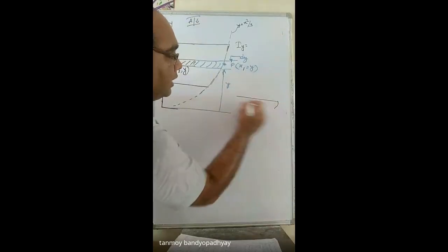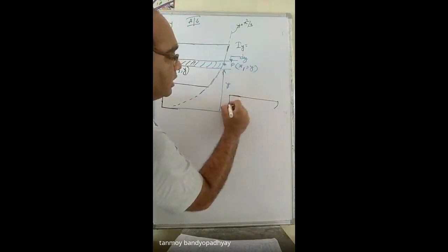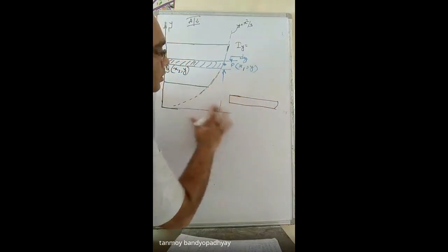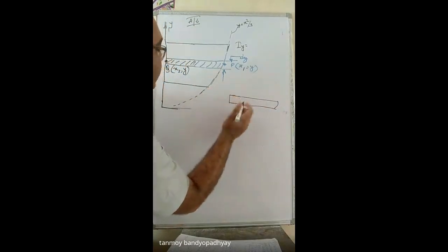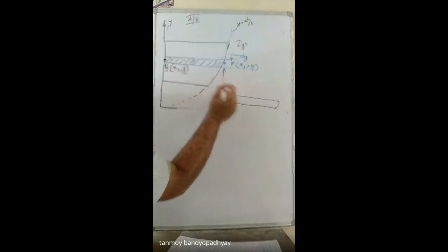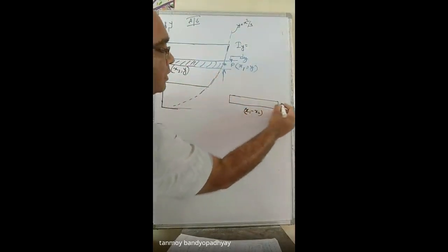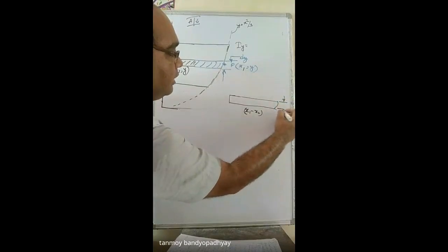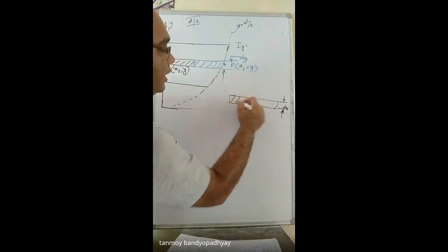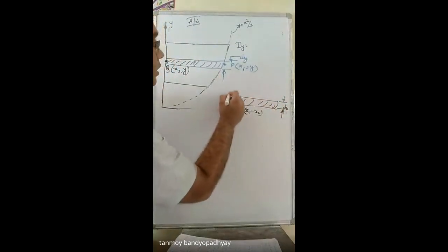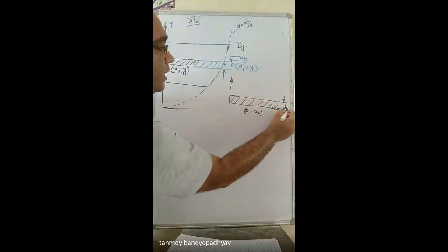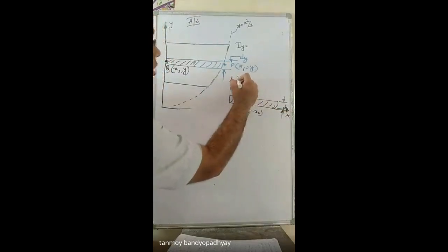So what we did in the last class. Suppose this is a rectangle. Suppose we are having a rectangle where this length will be x1 minus x2 and this length will be dy. We need to find out the moment of inertia of this rectangle about its base.